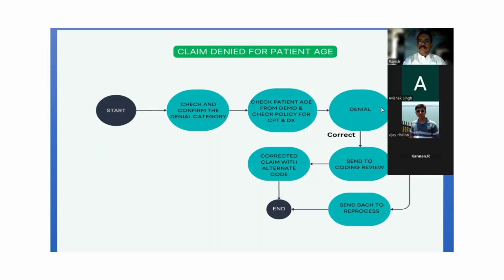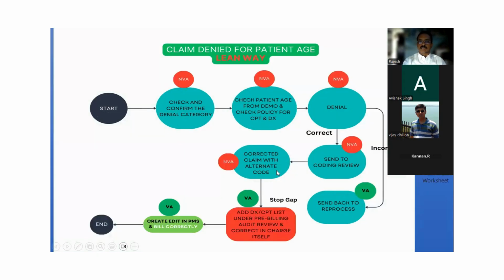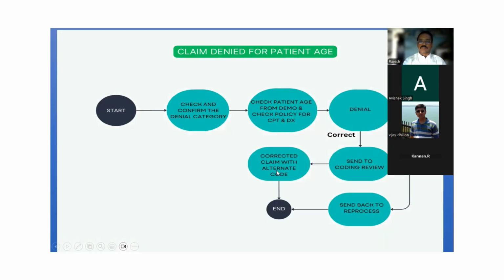If the denial is incorrect, for example I received payment previously, in that scenario we will send it back for reprocess. If the denial is correct, we have to send it back for coding review, bill a corrected claim with an alternate code, and then refile the claim. This is the general procedure for the patient age denial.